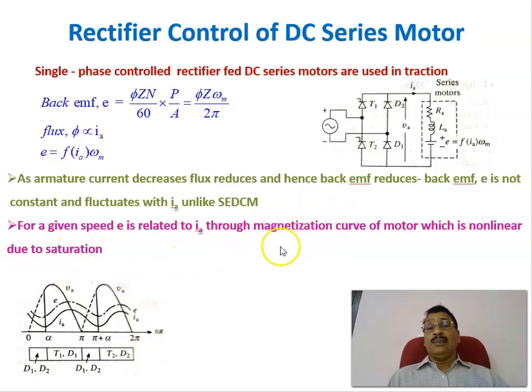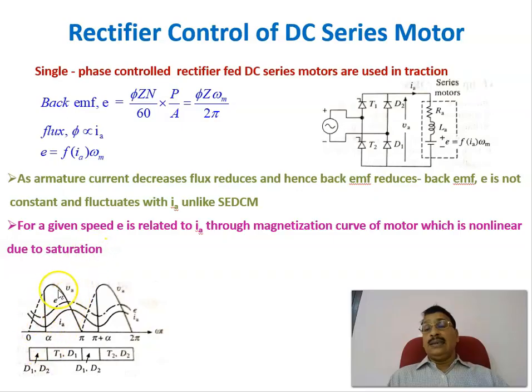Therefore, based on the motor magnetization BH curve, the value of E will be changing, because E is a function of Ia, and the flux that is produced depends upon the armature current.